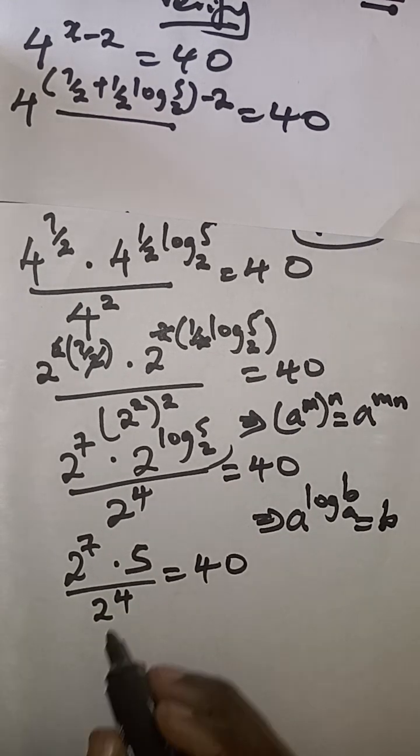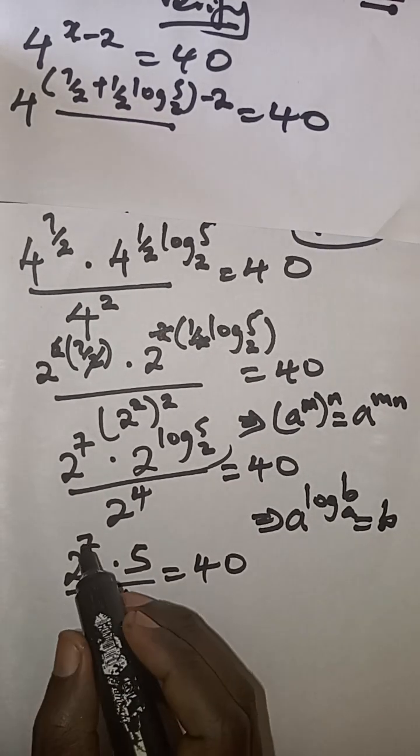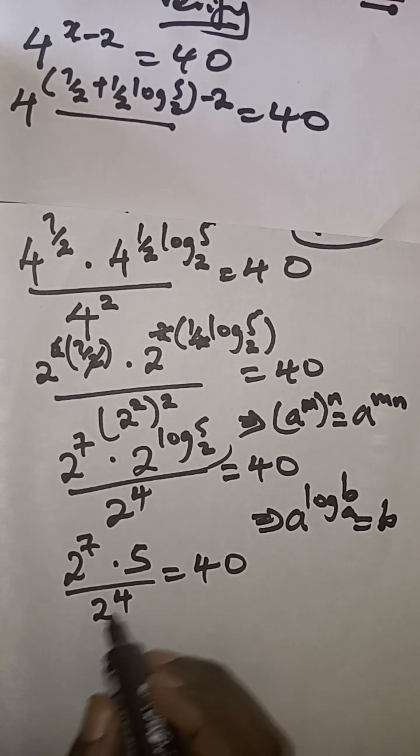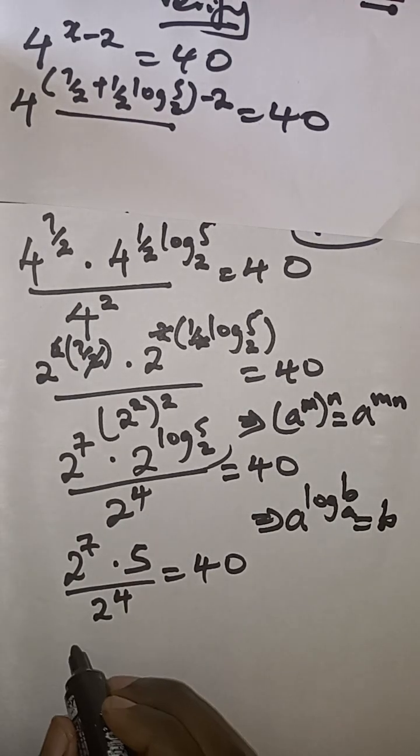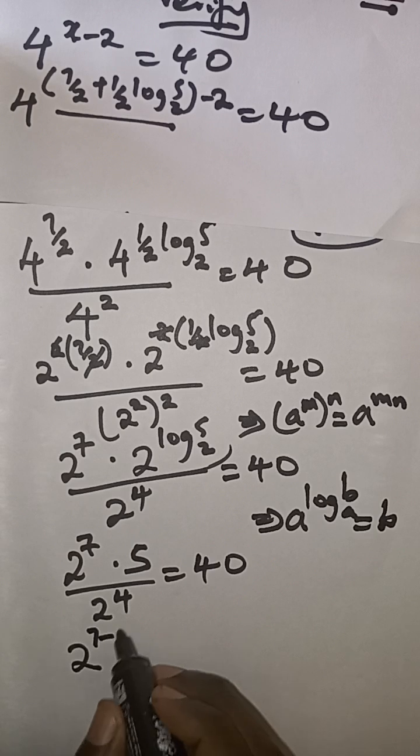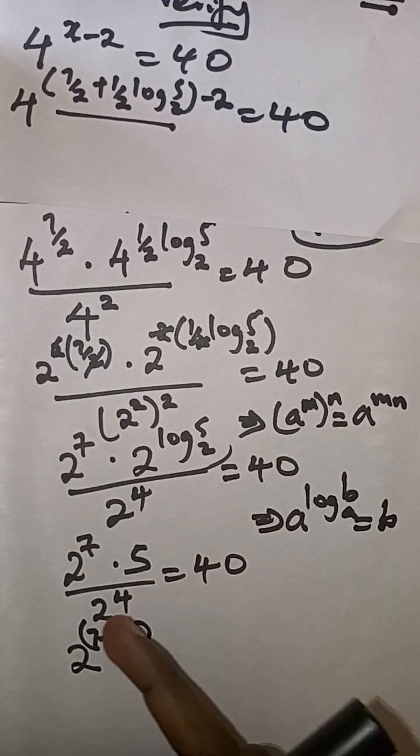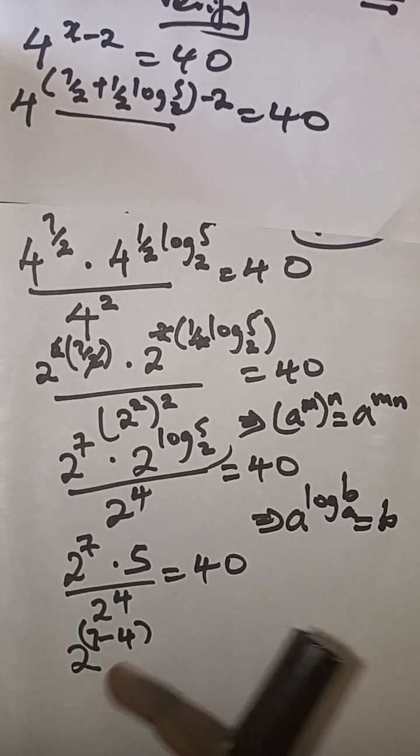Next step, I have 2 raised to 7 and 2 raised to 4. This can be simplified as 2 raised to power 7 minus 4, since the bases are the same, so we subtract the powers.